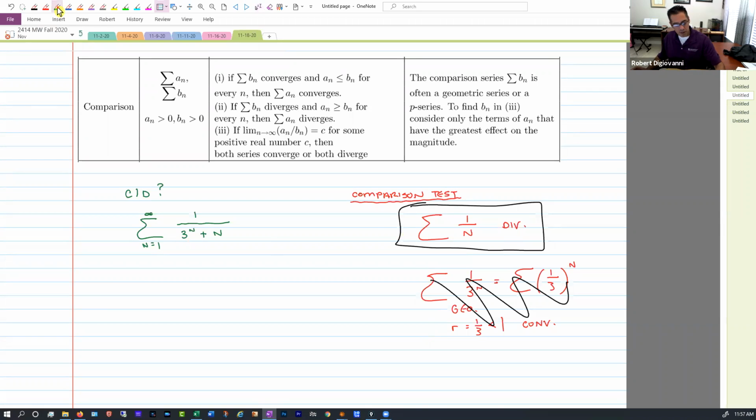So now what I want to show, this is where you go up to the formula. We had a series and we are comparing it to something that diverges. So we are doing this right here, right? The series that we picked diverges. So what we need to show then is this. If we can show what's in blue is true, then whatever this series does, that one also does the same thing.